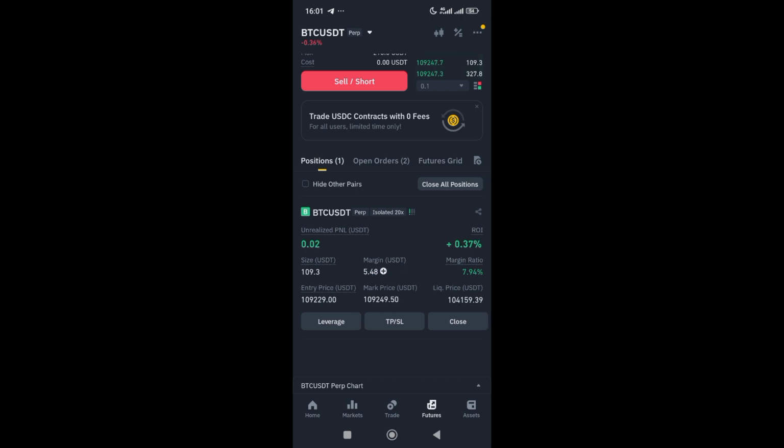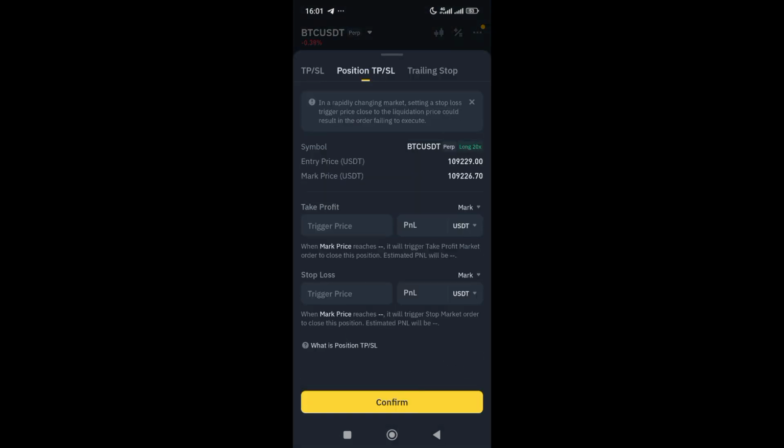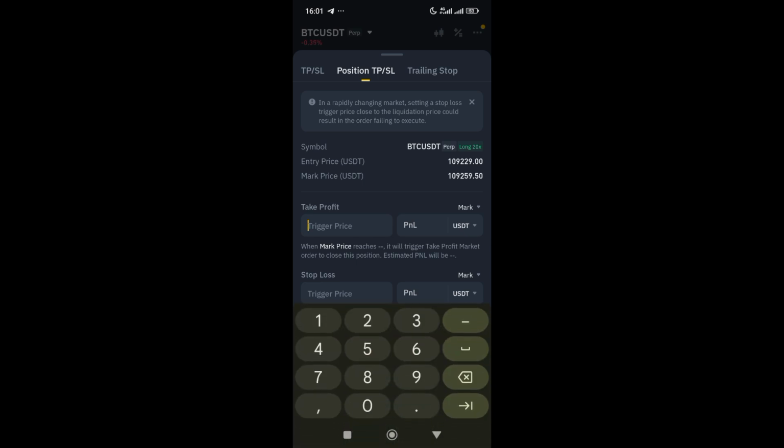What you have to do is click on that position, you click on TP/SL, you tap on it, then position TP/SL, you tap on it as well, you click on take profit. What did we use? I think we used 350, right? Just tap the amount.